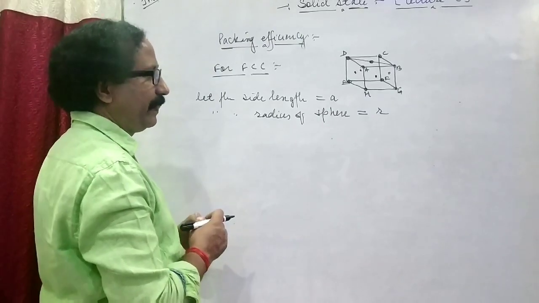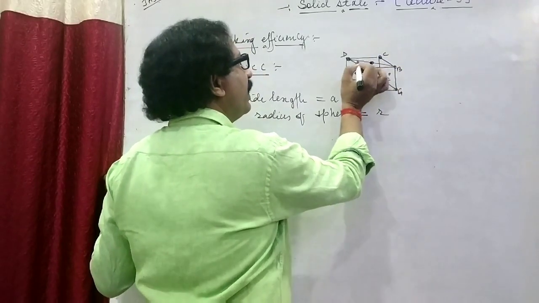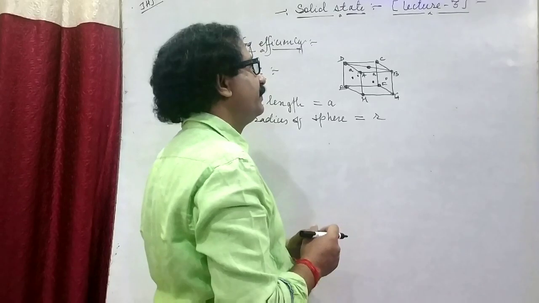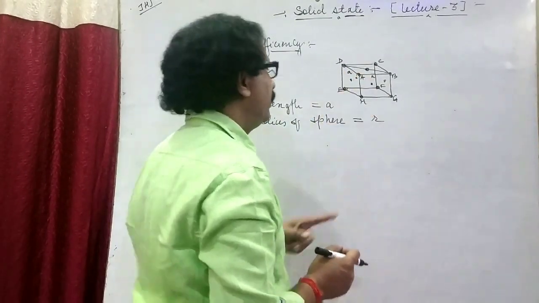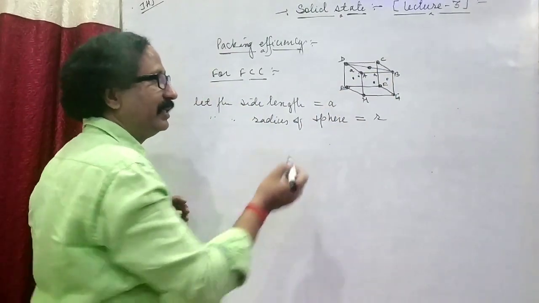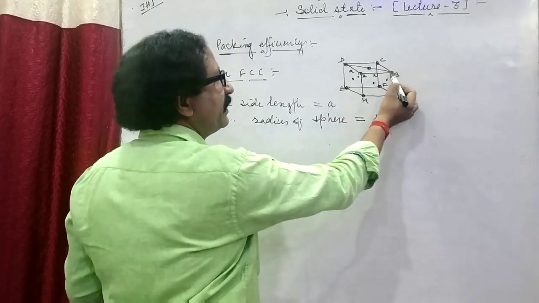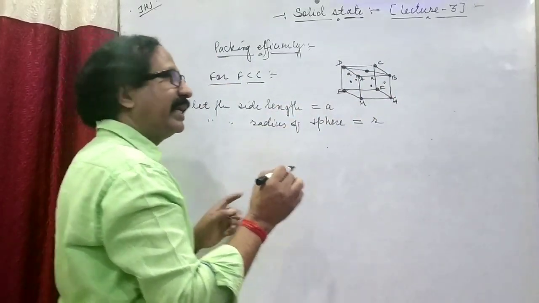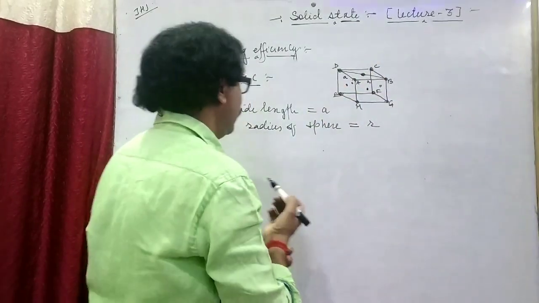Ultimately, first of all, AB has length A, AD has length A, and what is the length of BD? See here how these three spheres are arranged. One sphere is present at the point D, another sphere is present at the point B, and this is the face center sphere, present at the center of this face.